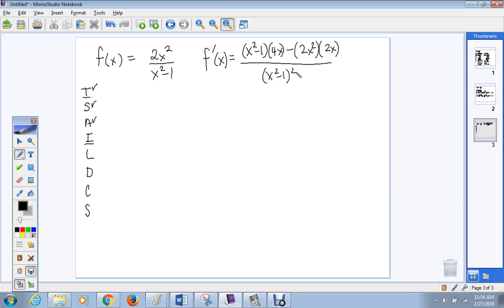And when we simplified this, we would see that our derivative simplifies to negative 4x all over x squared minus 1 squared.